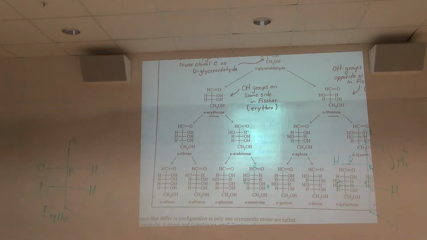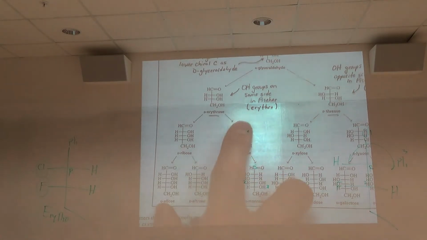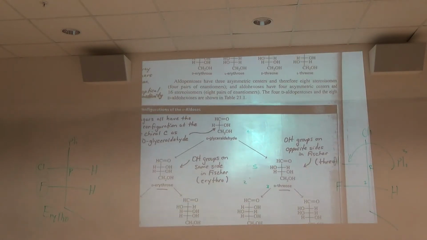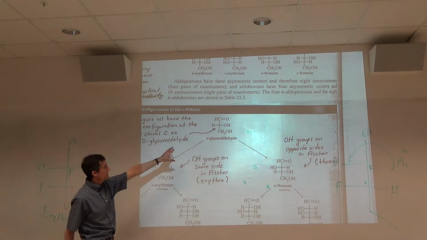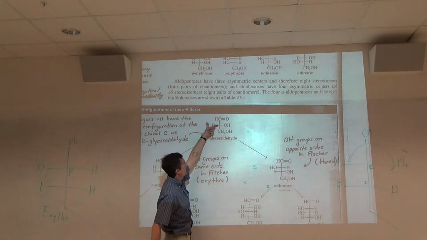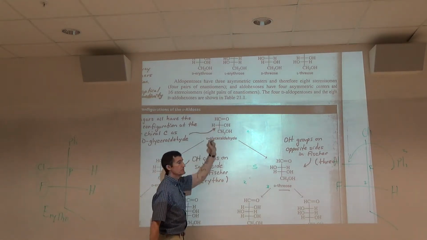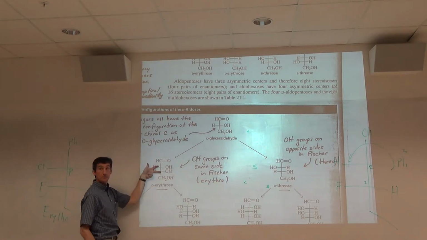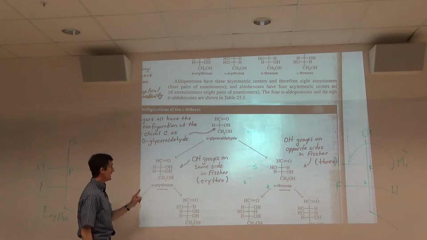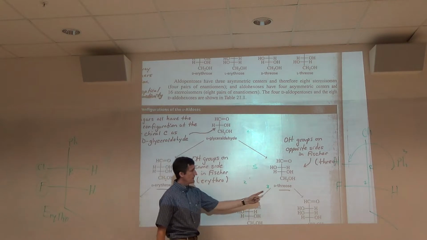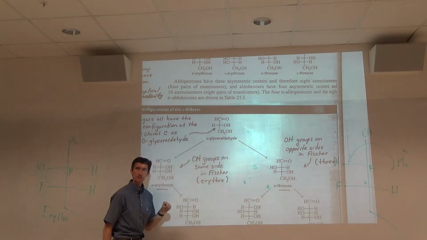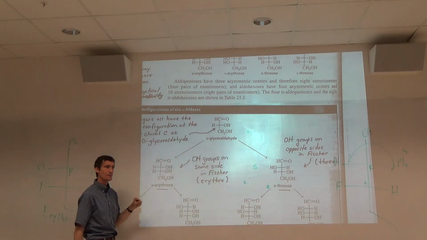And they're drawn like this. But I also wanted to show you this. Your one-carbon carbohydrate is called glyceraldehyde. Well, one chiral carbon. When you have two chiral carbons, which is what we were doing, it's called erythrose or threose. Where have we seen those names? Yeah.